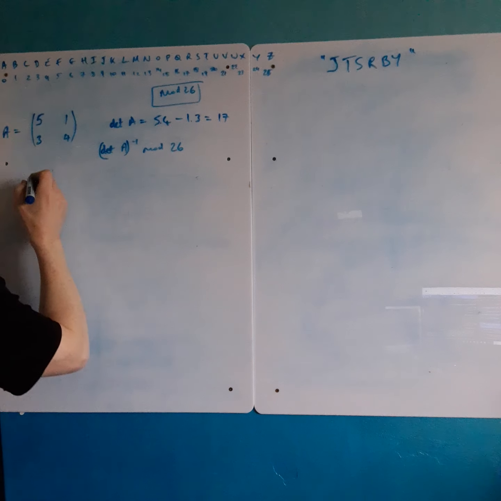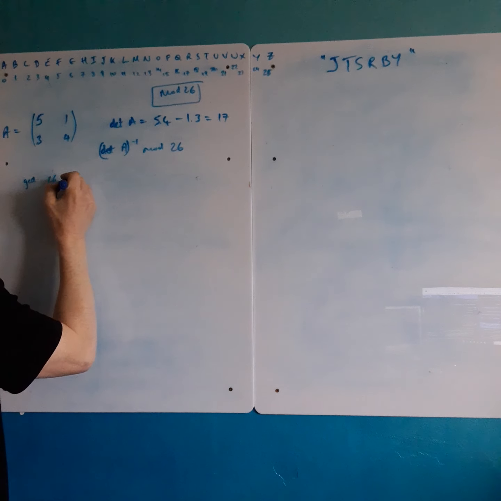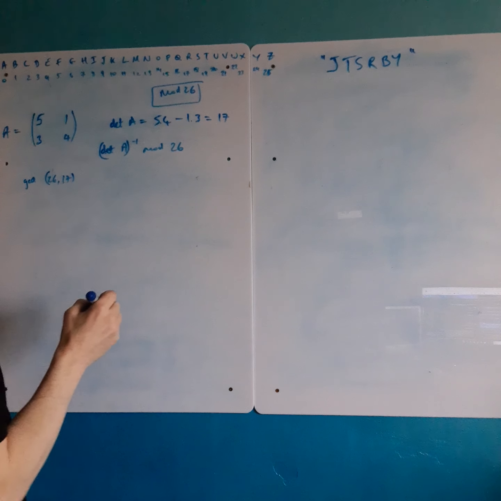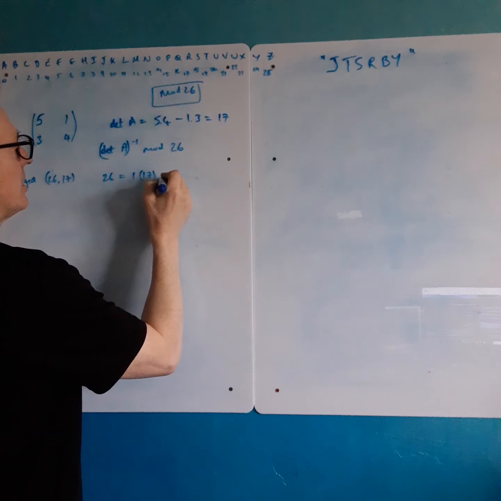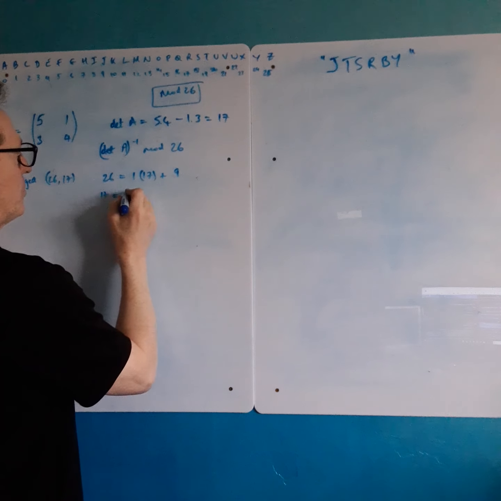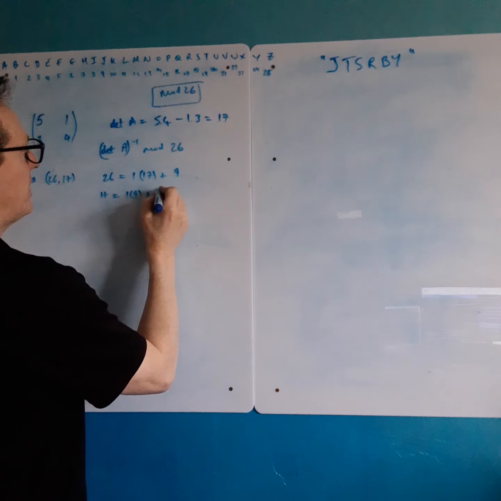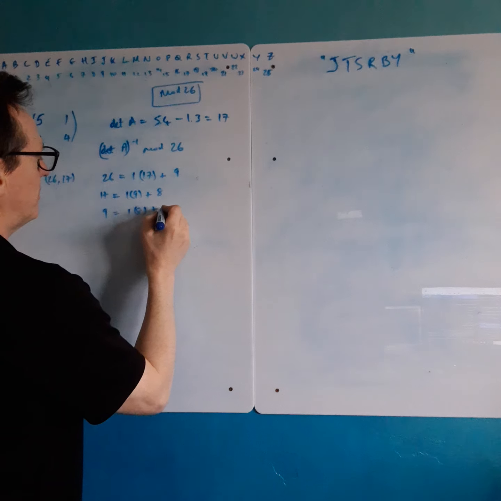So for 17 inverse, I need the GCD of 26 and 17. So 26 equals 1 times 17 plus 9, and 17 equals 1 times 9 plus 8, and 9 equals 1 times 8 plus 1.